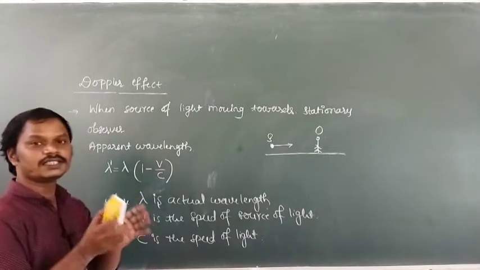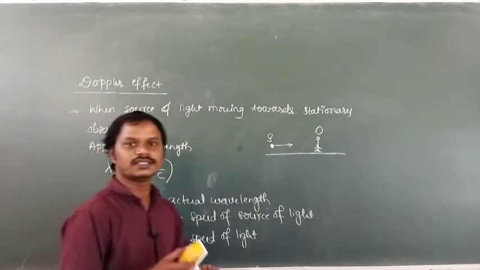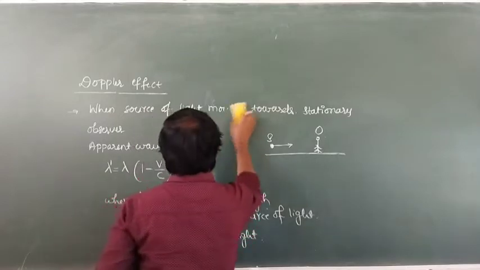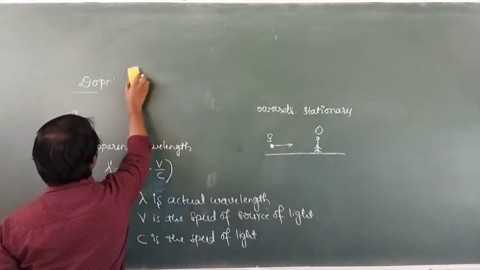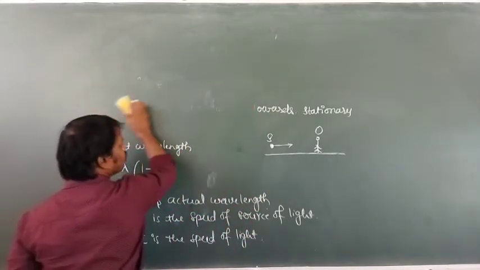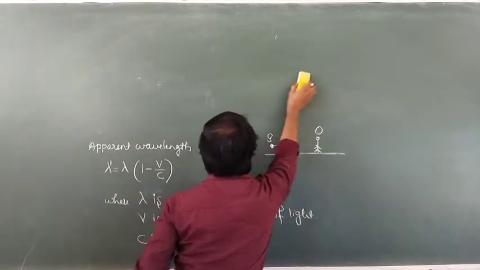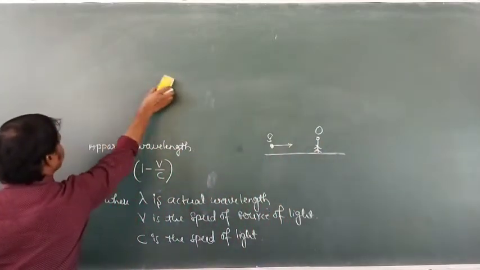Then what is the apparent change in wavelength? So what is the first case here? The source of light moving towards the stationary observer.